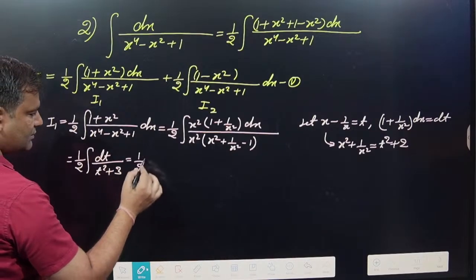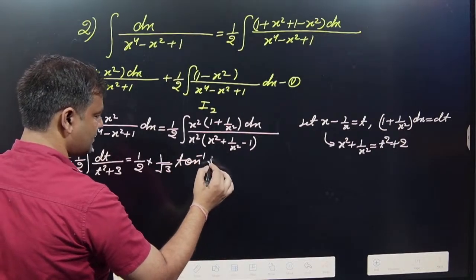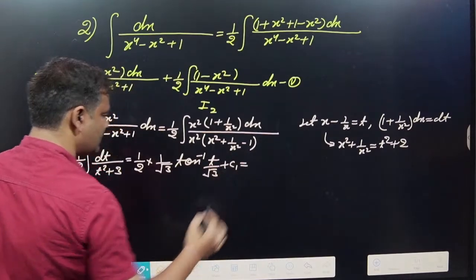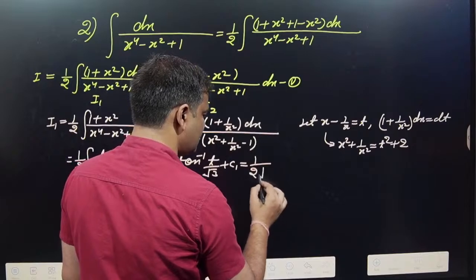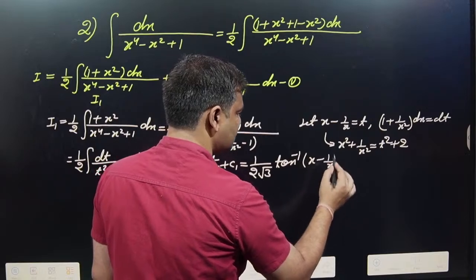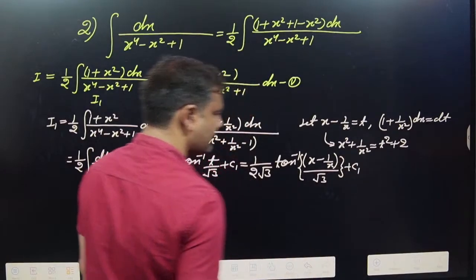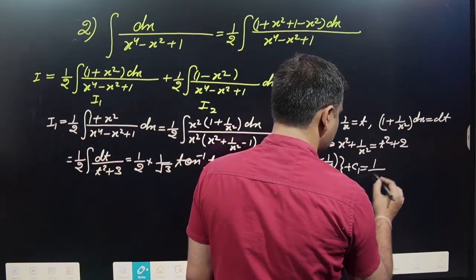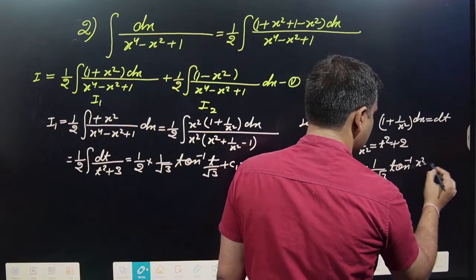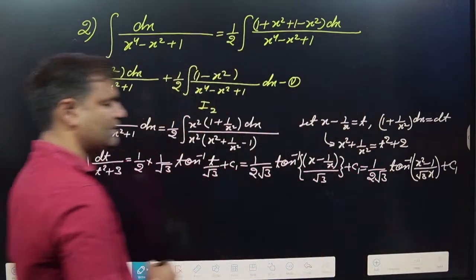So you can say 1 by 2 into 1 by root 3 into tan inverse of t divided by root 3 plus c1, or 1 upon 2 root 3 into tan inverse of t, basically x minus 1 upon x divided by root 3, plus c1, or if you simplify, then we get 1 upon 2 root 3 into tan inverse of x square minus 1 upon root 3 into x plus c1. That is I1. I hope it is clear.